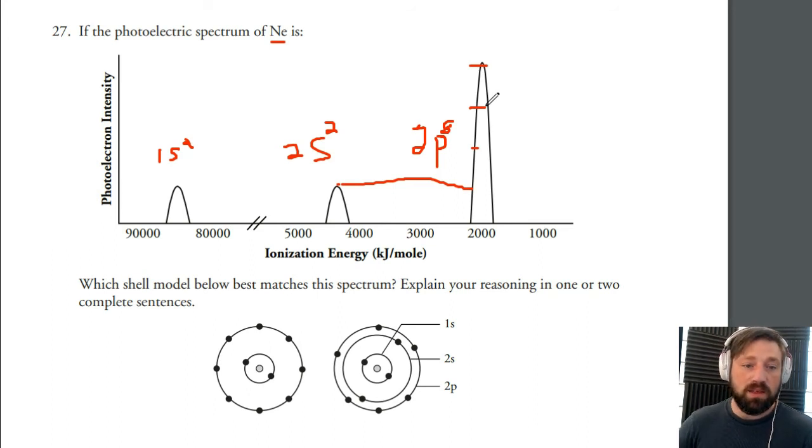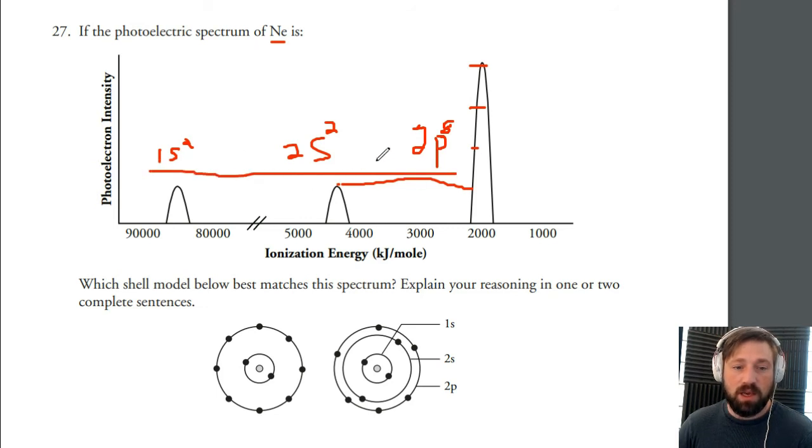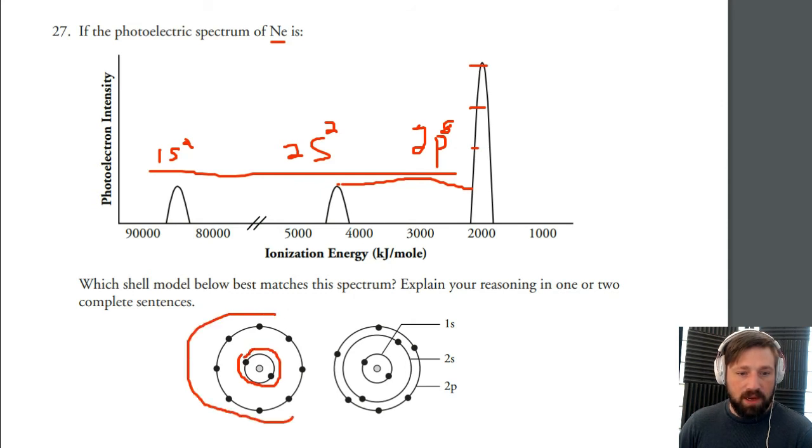We can double check to make sure that this is actually the correct spectrum, and indeed it is. So which shell down here best matches the spectrum? Well, we have 2 electrons in the 1s, and we have 8 electrons here in the 2 energy level.